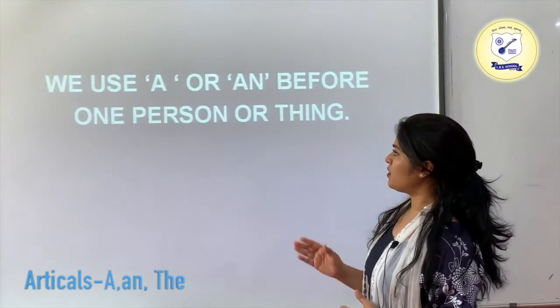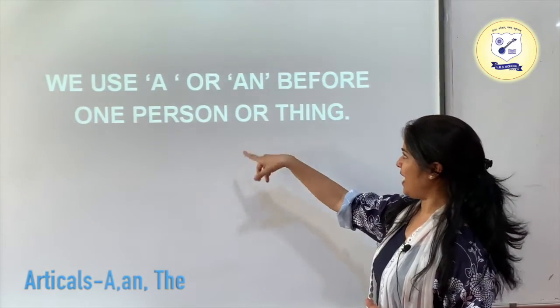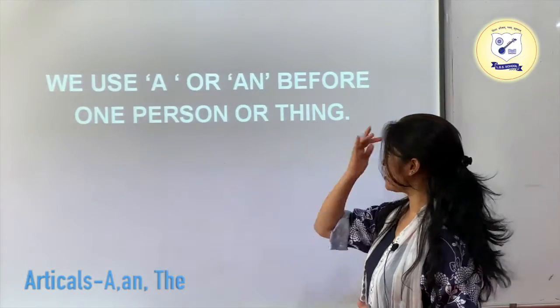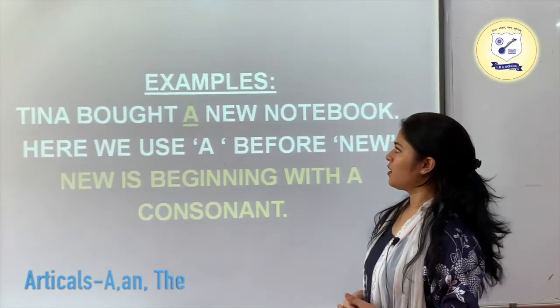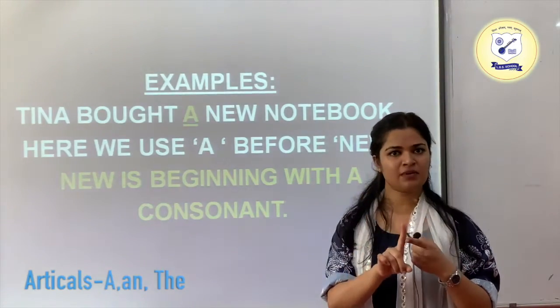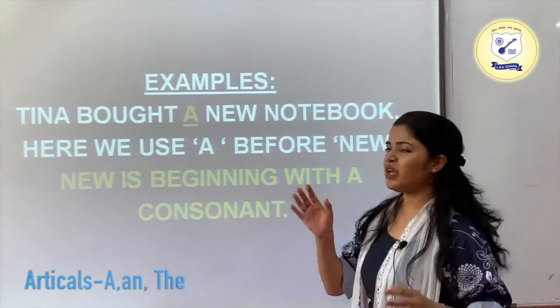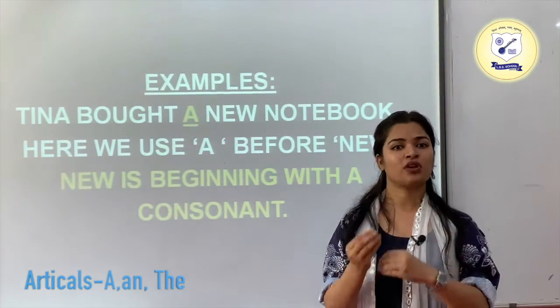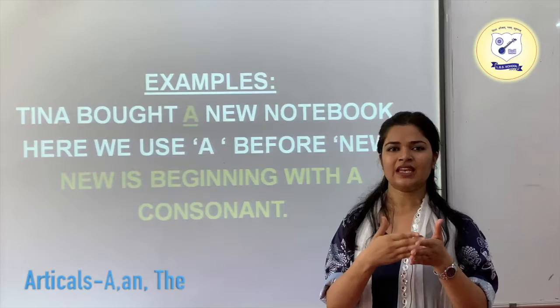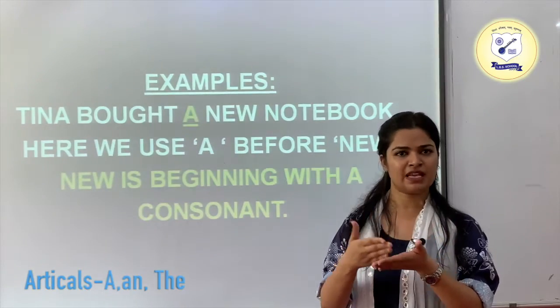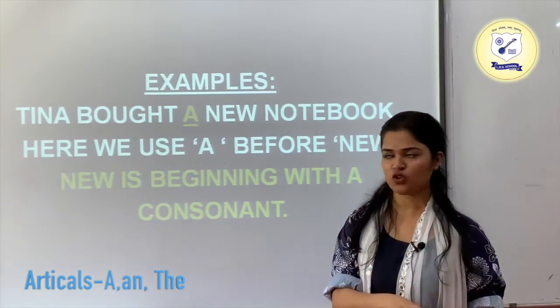We use a or an before one person or thing. If you are talking about a single person or a single thing, then we will use a. And we put articles before a noun. As we know, a noun is anything like a name, place, animal or thing, and we put articles before those.